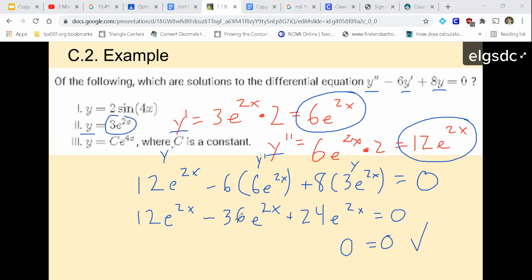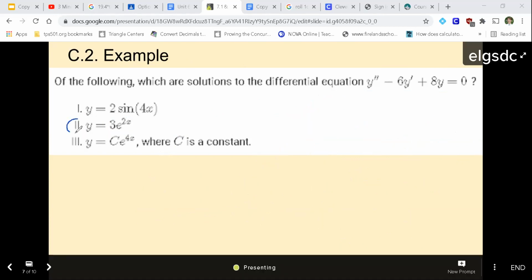So this is a solution for all values of x: 12e to the 2x minus 36e to the 2x plus 24e to the 2x. No matter what you plug in for x, you will always get 0 as your answer. All right, so far the second one is a solution.